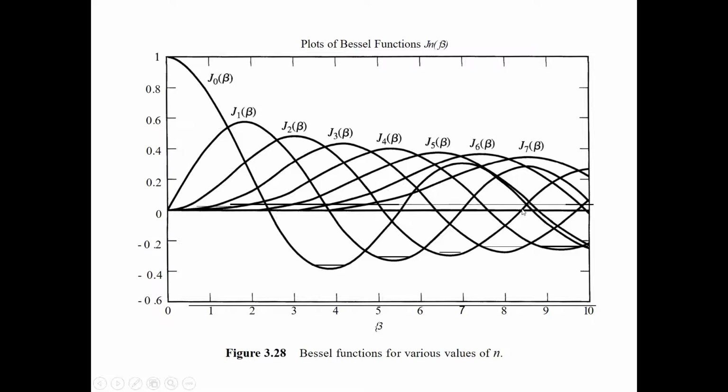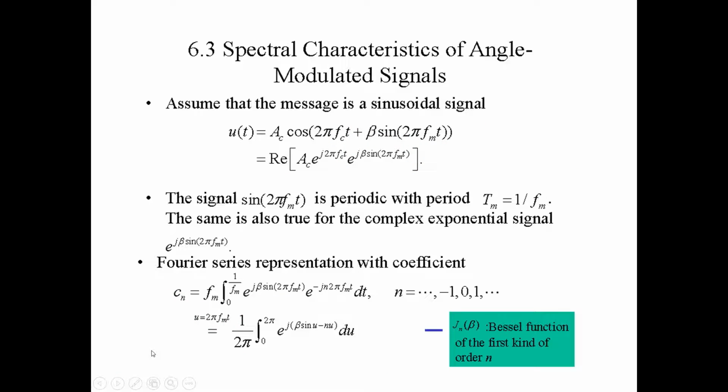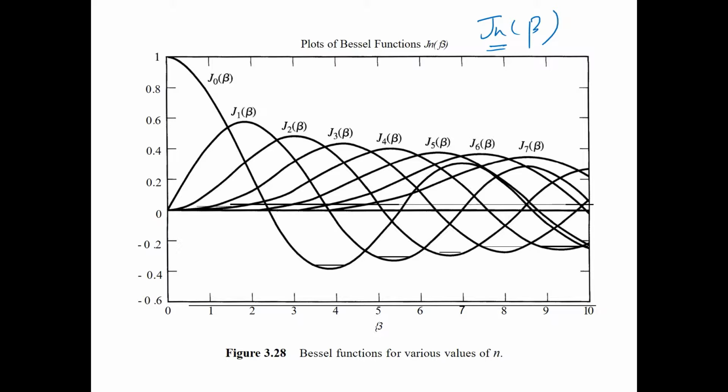So this is just a plot for the Bessel function values. For example, if you want to plot that integration component, this one here, if we solve this integration component for the different values of beta and for the different values of n, and if we plot this, we will get these different kinds of plots.